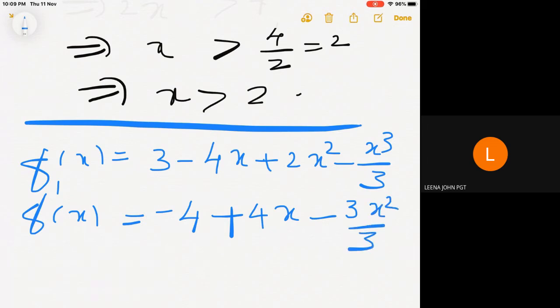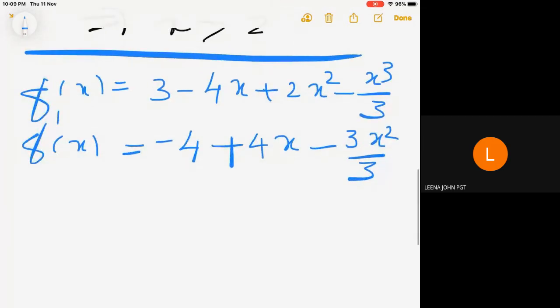We are going to talk about all values of x, because it is increasing in R, decreasing in R, or neither. So for all values of x, you have to find the nature of this function. That means you have to check whether it is a perfect square or the terms can be converted to a perfect square or not.